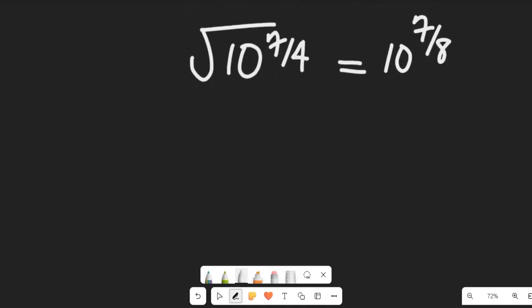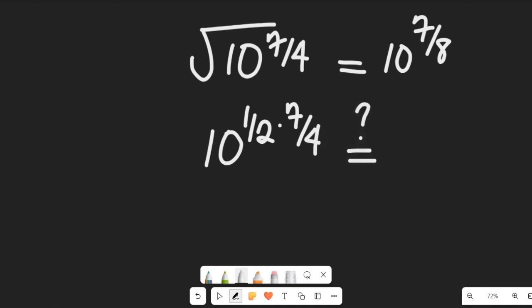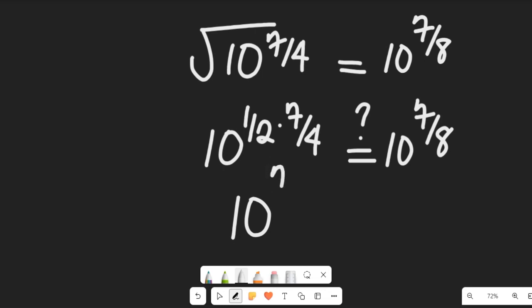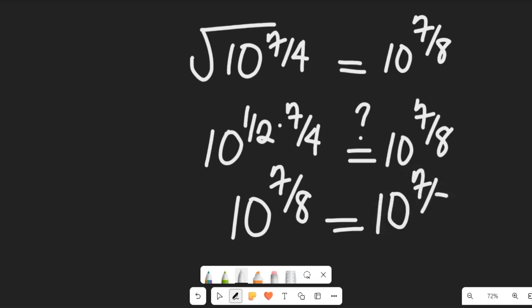So that square root expression is going to give us 10 to the power of 1 divided by 2 multiplied by 7 divided by 4. And will that give us 10 to the power of 7 divided by 8? Yes, it should. Then this is going to give us 10 to the power of 7 divided by 2 times 4 is 8. Voila! And that is equal to 10 to the power of 7 divided by 8.